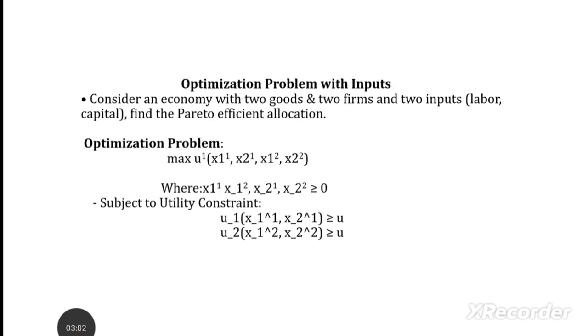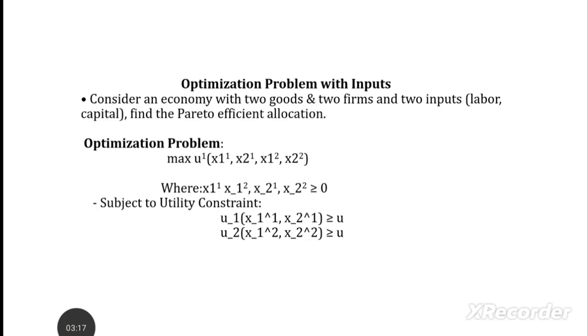In the optimization problem with inputs, consider an economy with two goods, two firms, and two inputs such as labor and capital. Find the Pareto efficient allocation.